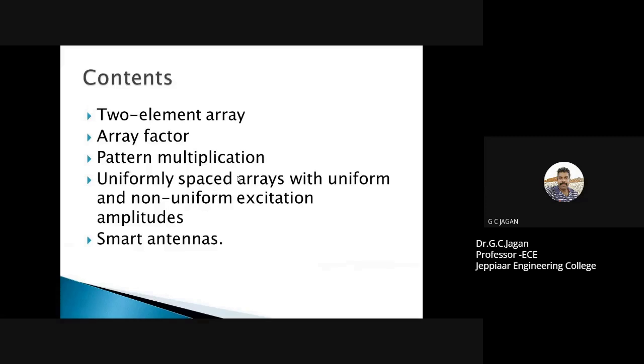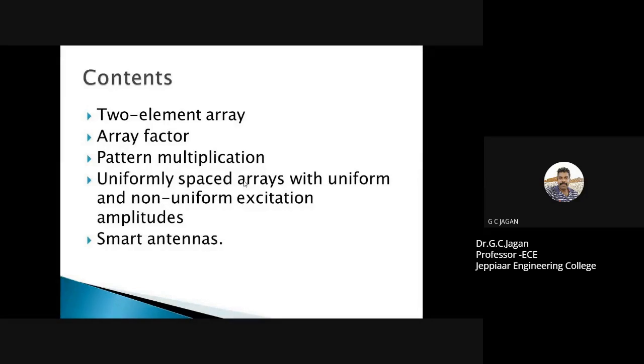Here we need to study two element array, then array factor, pattern multiplication, then uniformly spaced arrays with uniform and non-uniform excitation amplitudes. The last topic is smart antennas. The first topic is the two element array.